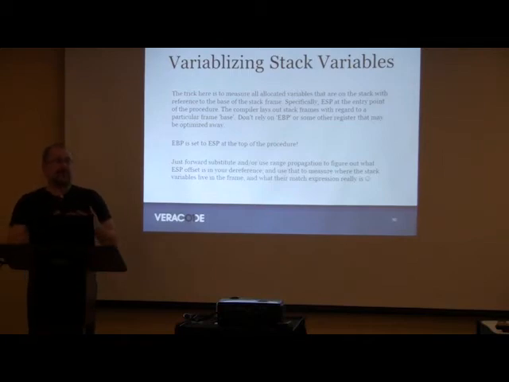The compiler's not going to do the tricky thing, which is to take a single dereference of ESP plus 8, for example, and have it refer to two completely different variables depending on how you get there control flow-wise. So I'm not going to do that. The variable's always going to be the same variable, doesn't matter how you get there.